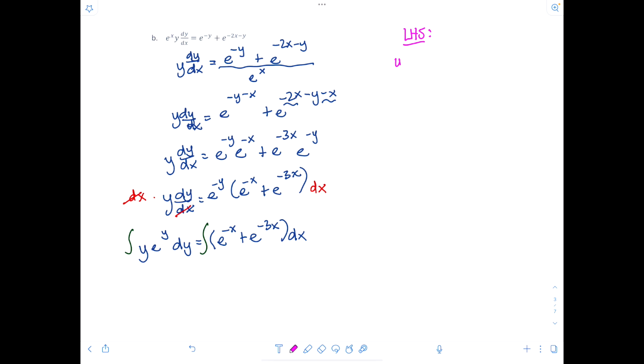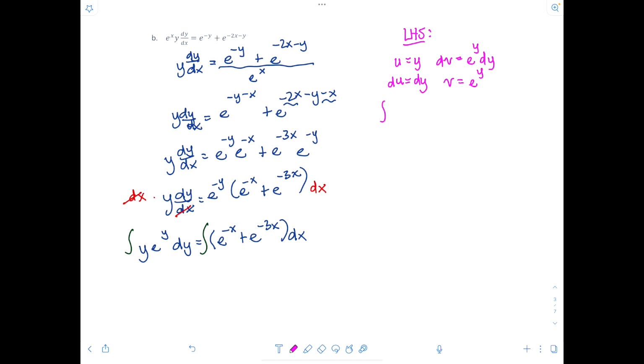If we let u equal y, du equals dy, dv would equal e to the y dy, and so v, integrating both sides, will be e to the y.